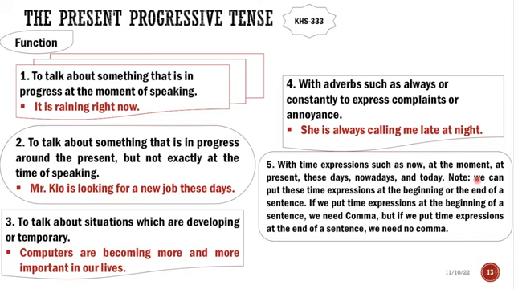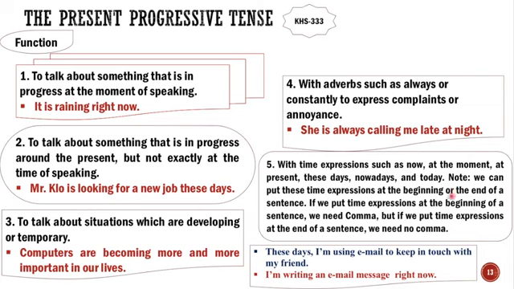If you put a time expression at the beginning of a sentence, you need a comma. And if you put a time expression at the end of a sentence, you need no comma. You can see an example: These days, I'm using email to keep in touch with my friends. In the first example, I used the time expression before the sentence.